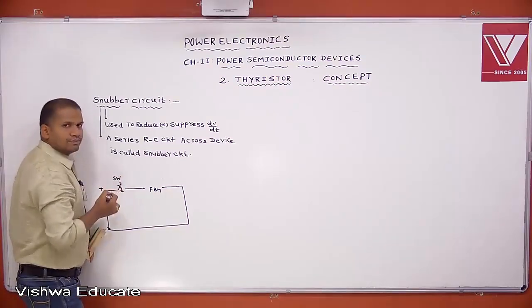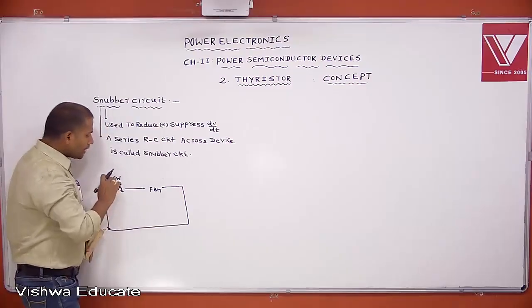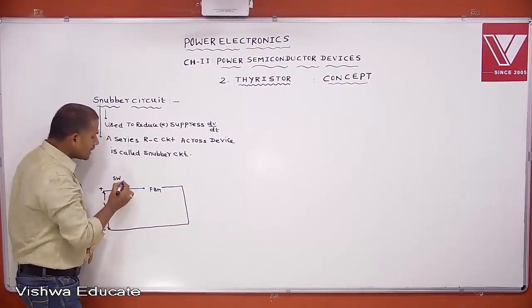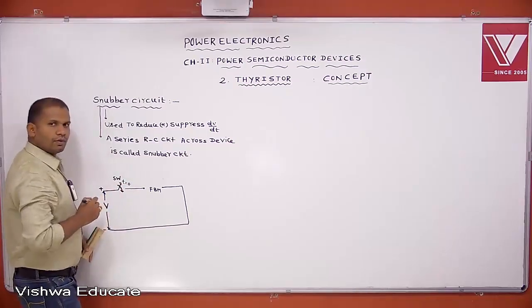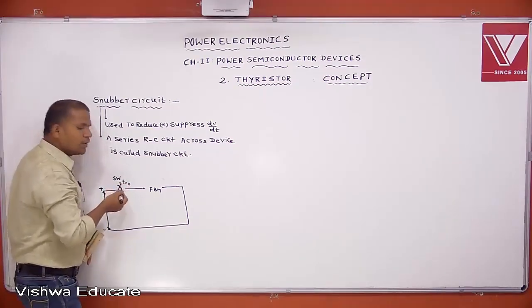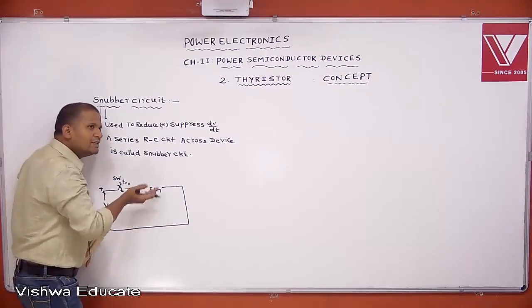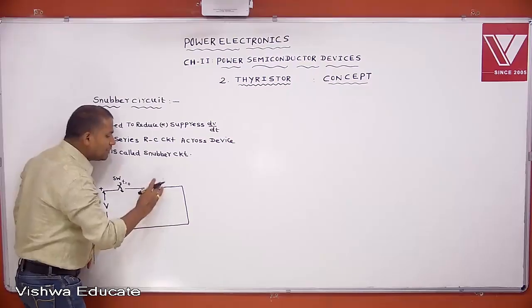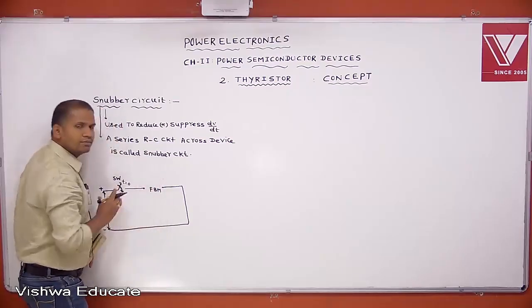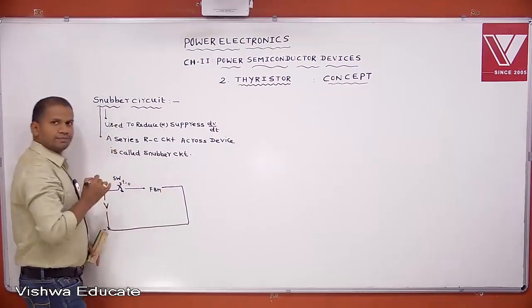Now, if the switch is suddenly closed, let us assume at t equal to 0, if there is any sudden change of voltage, that sudden change of voltage will appear across the SCR, then the SCR may be damaged.